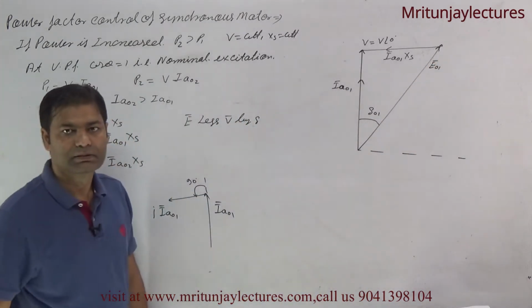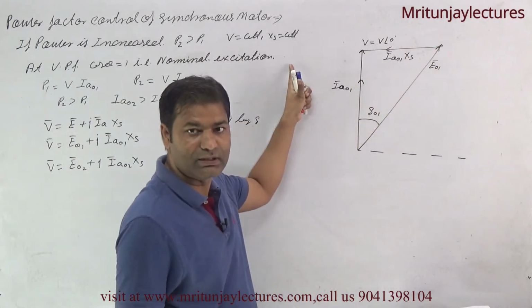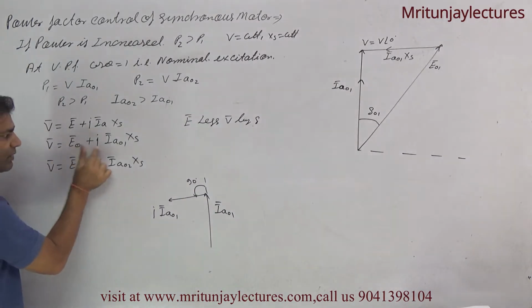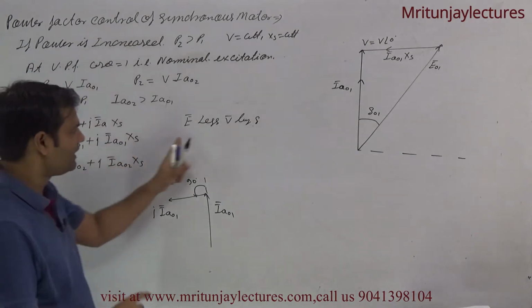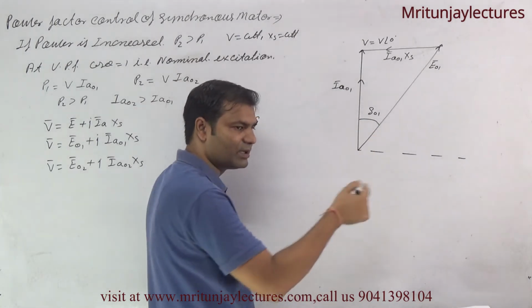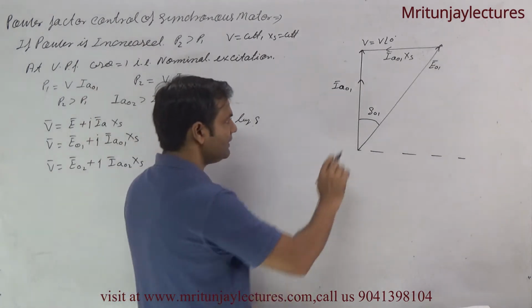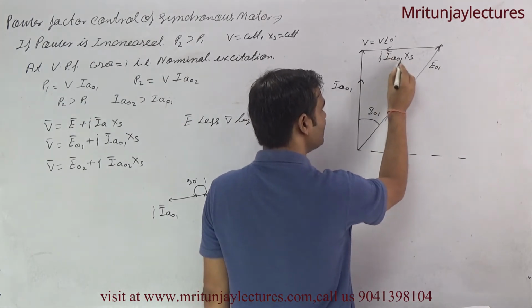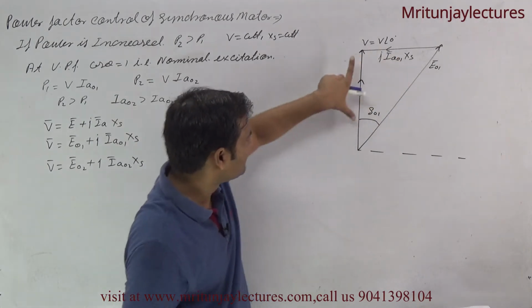Why is j IA01 X drawn here, not here? Because V is the resultant of E01 plus the voltage drop, and E always lags V by delta. The phasor sum of this one plus this one gives V.